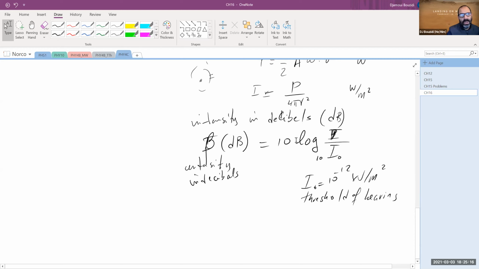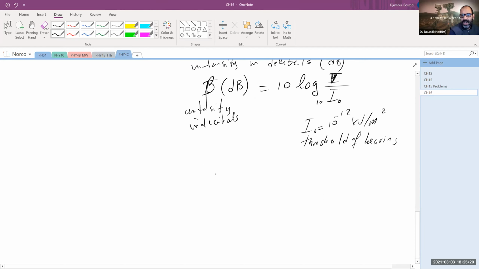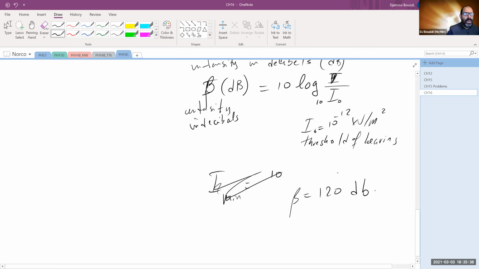That's why we use a logarithmic scale, because the threshold of pain, I of pain, is about 10 to the power 12 times that, so beta is equal to 120 decibels. We're going to come up with this expression and plug it in. It's about I equal to 1 watt per meter squared.